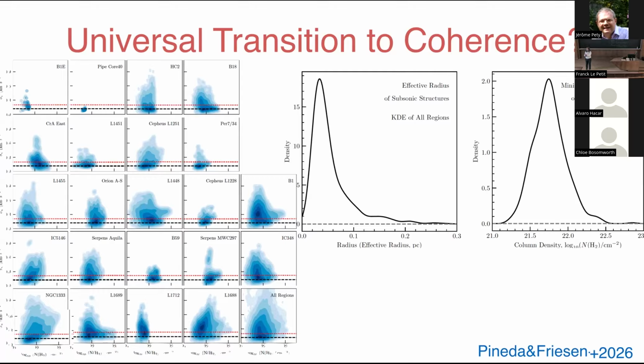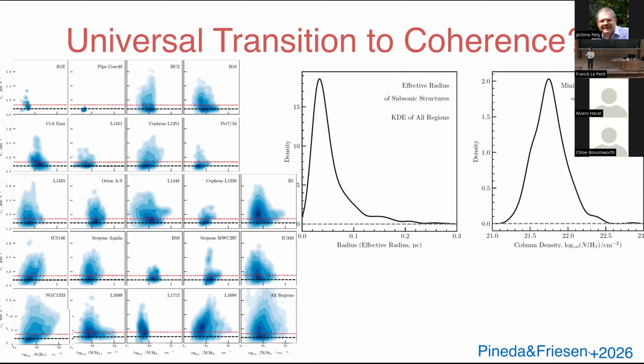If we have isolated objects, we estimated the equivalent radius and put it in a bin. Then we did it for all the objects in the sample, and we get this distribution. You can see that it peaks at less than 0.1 parsec, but it has a strong tail, meaning that there is not a universal scale. There is maybe a typical scale, but it's not universal.